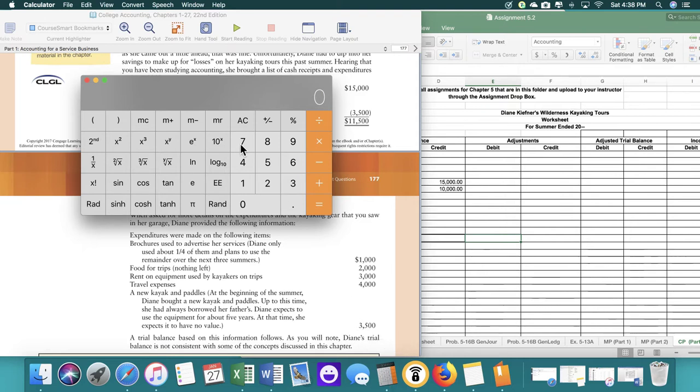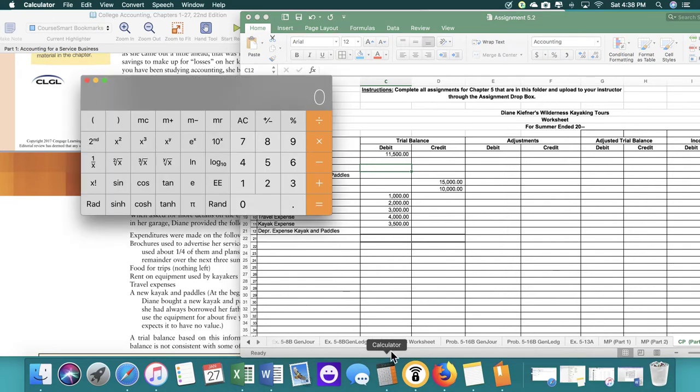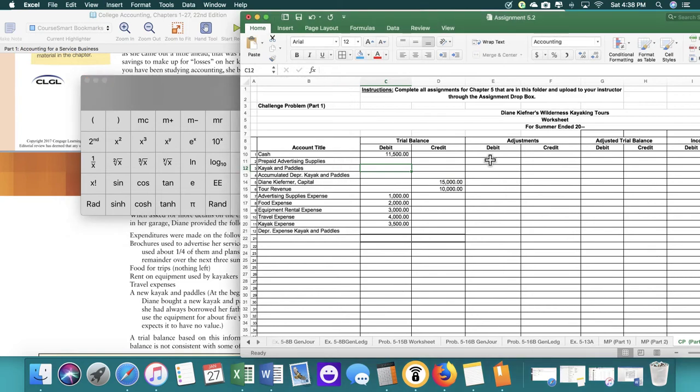And this is where it's going to be different than normal, since we do not have an amount listed in the trial balance. So we're going to take $1,000, multiply it by 3/4 or 0.75. That gives us $750.